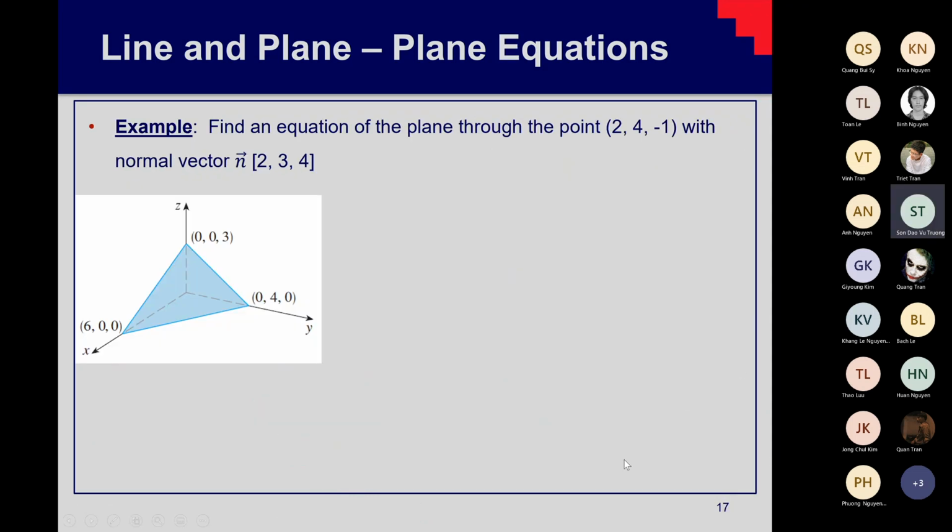So let's work on one example to illustrate the concept. In this example, let's find an equation for the plane that goes through the point (2, 4, -1) with the normal vector n at (2, 3, 4).